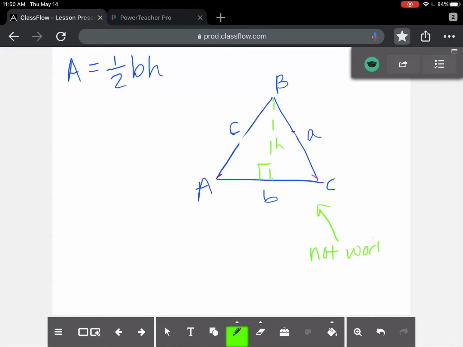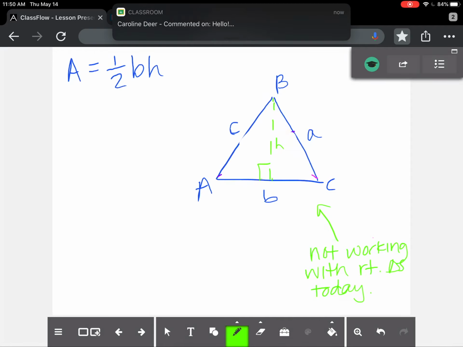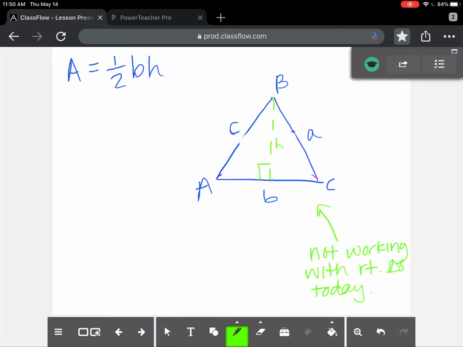So how do you find out what h is? The reason you have to find h in order to identify the area is because this is not a right triangle.